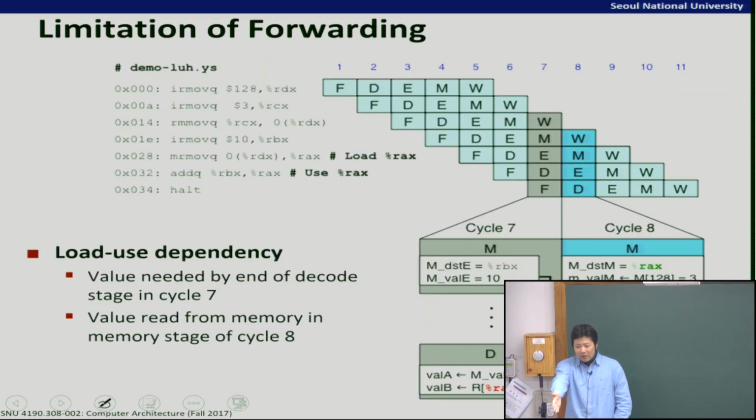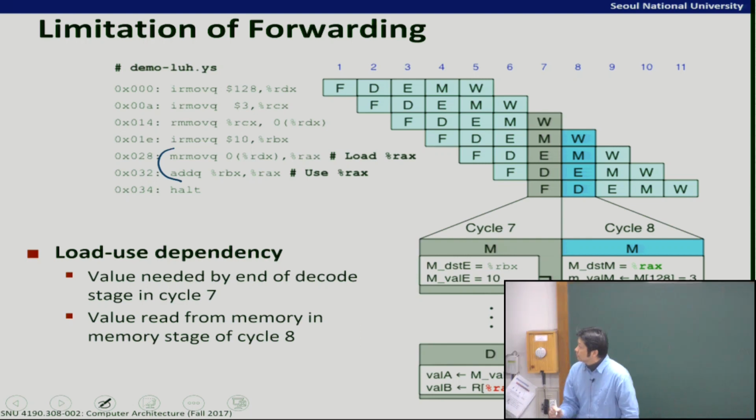So now we come to your question. Load use dependencies. What happens if one of the producer instructions is a load instruction? Here is a somewhat problematic situation. Let's think of these two instructions, mrmovq and addq.